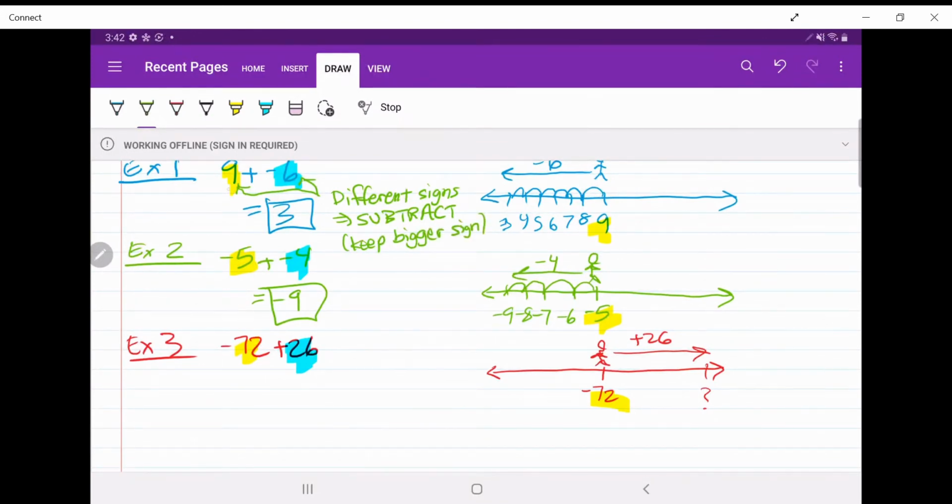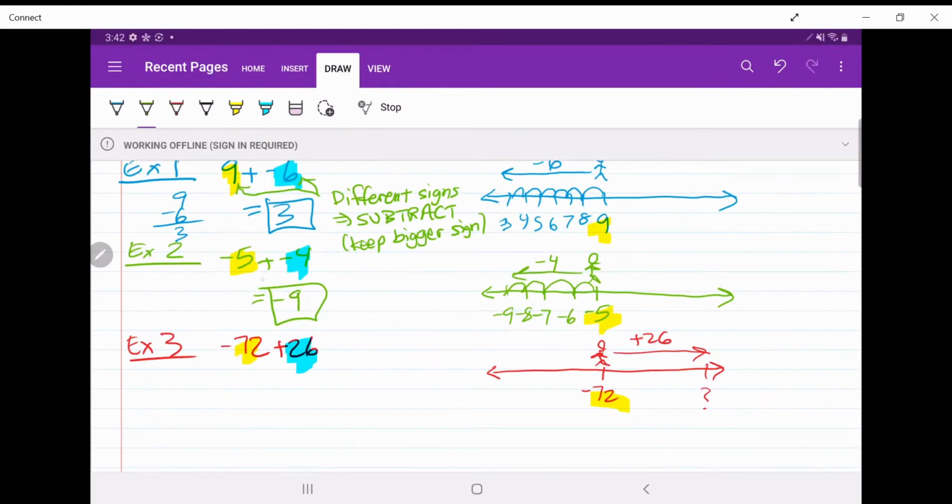So we have the positive 9 and then we have the negative 6. Those signs are different, so we need to subtract those two numbers. 9 minus 6, and we get 3. And we need to keep the bigger sign. 9 is a bigger number than 6, so it's positive 3, because the 9 is positive.